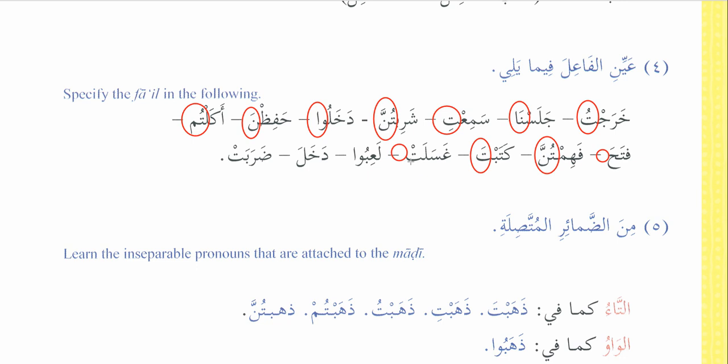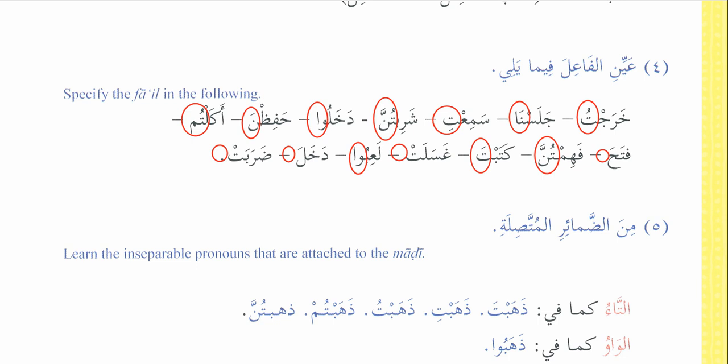It is simply a sign of femininity, ta tanis. So the pronoun is hidden inside ghasalat. La'ibu. So this is the waw jama from the ghaib male plural. Dakhala, it's hidden. And darabat, it's also hidden. And this is how you can find out the fails in these verbs.